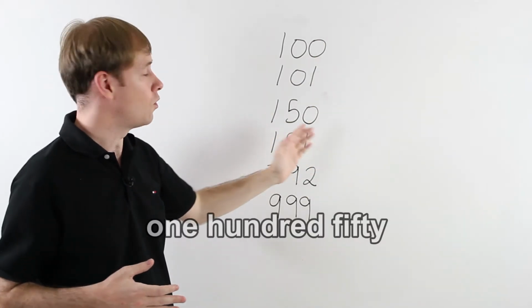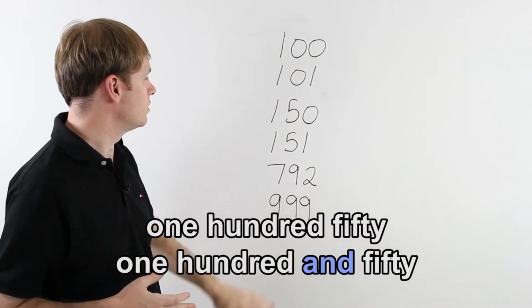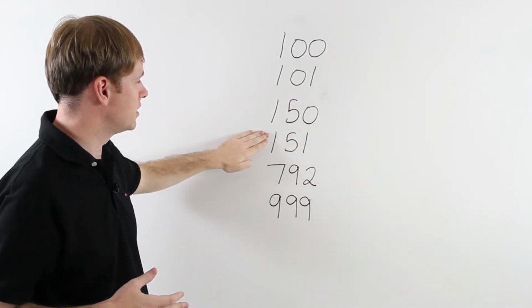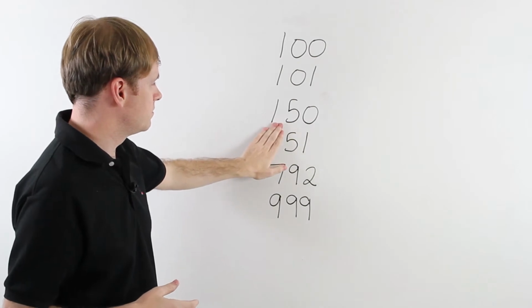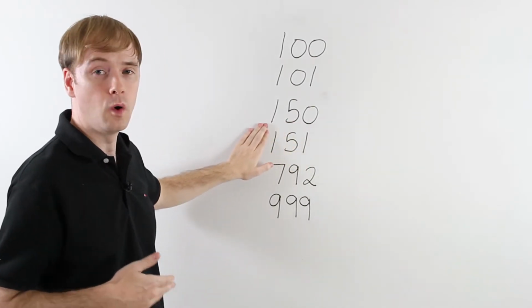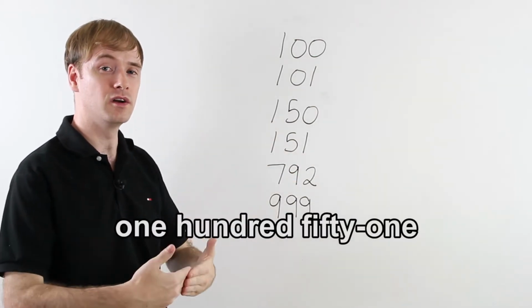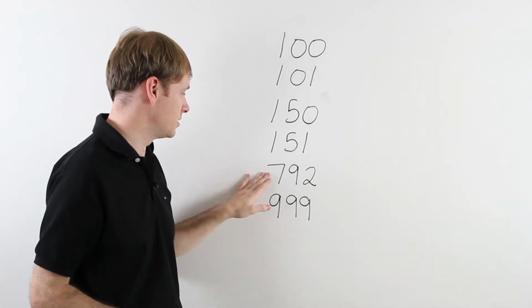150 or 150, okay? So we know this is 50, 150. Let's look at the next number. That's 1. That's 51. 151 or 151. All right, let's look at the next number.